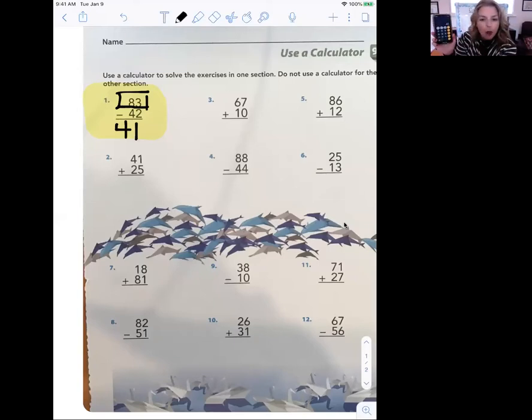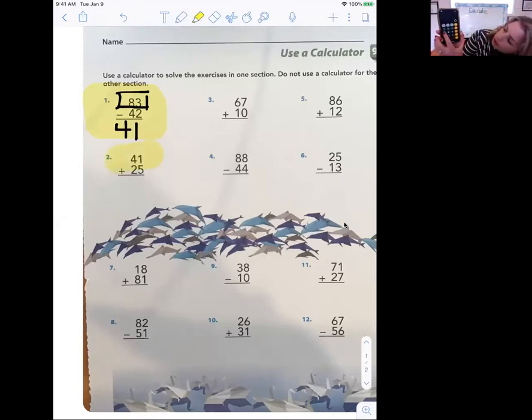Now, the way we get to the next problem, we got to hit that clear button, C. There's the C button on my phone. So clear that out because we're going to go to the next problem. So the next problem is right underneath. Who can tell me those numbers we're going to plug into our calculator first? Good. 41 is what we put in first.